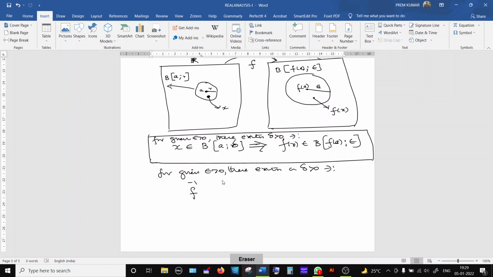So now, in terms of inverse images, what is the inverse image of this open ball in the range, the ball around f of A? This inverse image contains this open ball. If you take the inverse image of this open ball, it will come somewhere here, and that is also a set.